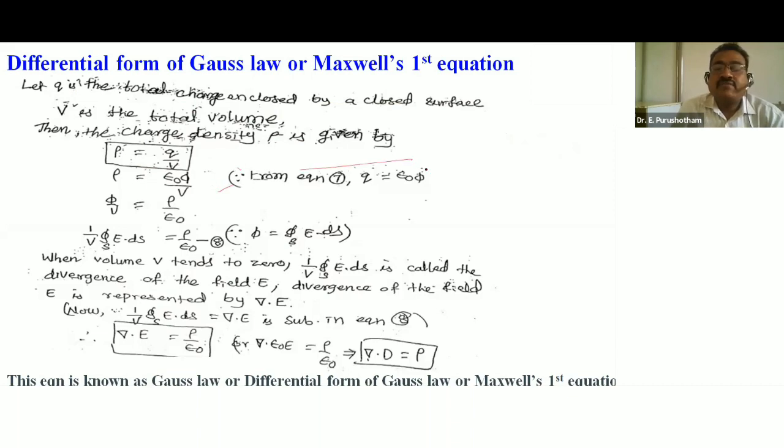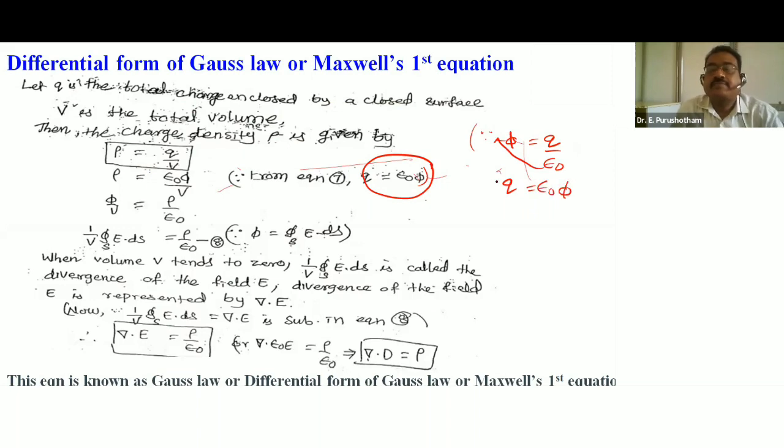But we can write Q is equal to epsilon naught into phi. According to Gauss law, phi is equal to Q by epsilon naught, as we just derived. So from this relation, Q is equal to epsilon naught into phi.